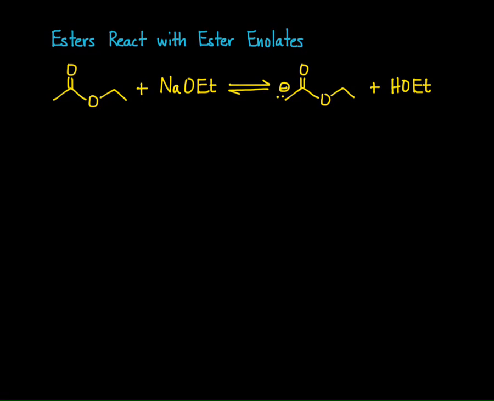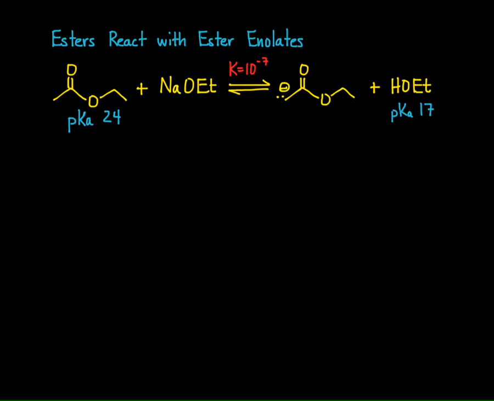And if we compare this type of equilibrium acid-base reaction to that of an aldol equilibrium acid-base reaction, we know the pKa of esters is much higher than that of aldehydes, around 24, and we know that the pKa of ethanol is about 17. So there's a difference of about 7 pKa units, which means that the K is 10 to the minus 7th.